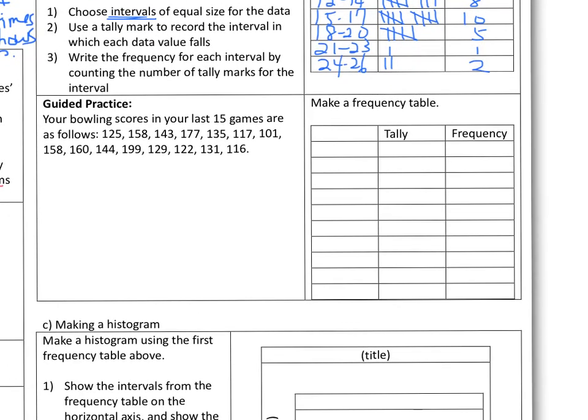And here is another set of data. Bowling scores in your last 15 games are as follows, and we want to tally this up. So let's look for the smallest number. It's 101. And I think I would like to choose an interval of 9.